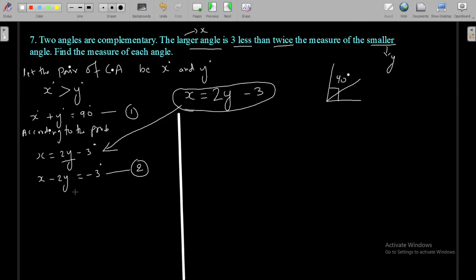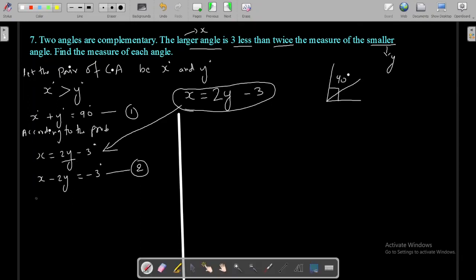Now we have to solve the two equations. So solve 1 and 2.